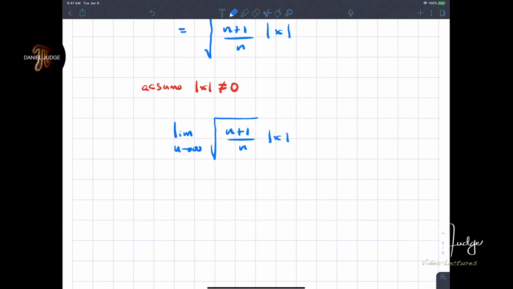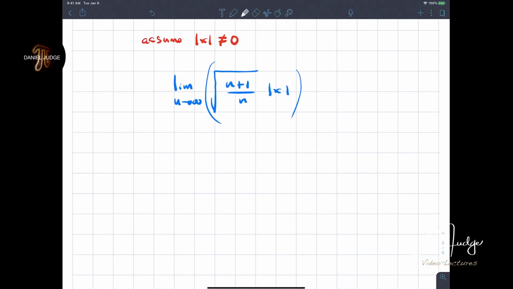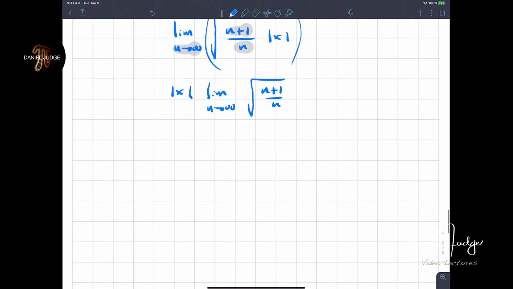And like I said before, since our limit here is about n, not about x, we can think of this as a constant only in the sense that we pull it out of our limit question. And now by the algebra here, what's under the radical is n over n plus 1 over n, which is 1 plus 1 over n. So I can replace this portion with that.